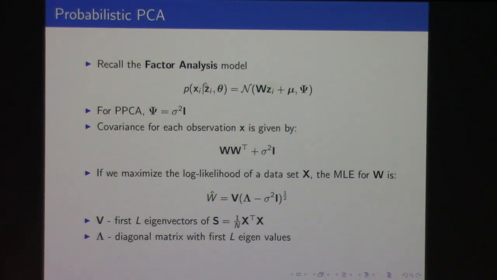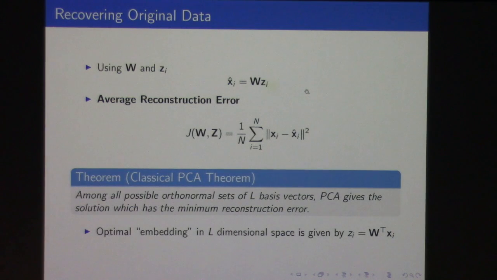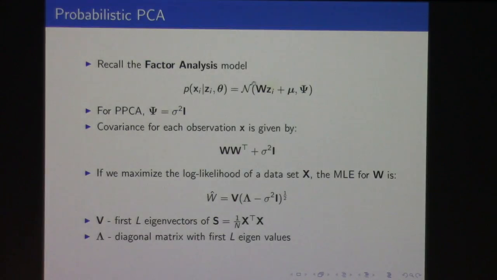Just to refresh your memory, this was your factor analysis model, where you said that your X is essentially WZ plus mu with some covariance matrix. You can relate it to PCA. Remember in PCA, you say that X is W times Z_i. Here we have a probability distribution, so we're saying X is a random variable whose mean is WZ_i plus mu and some covariance matrix.